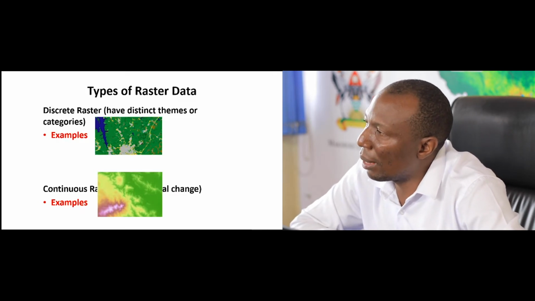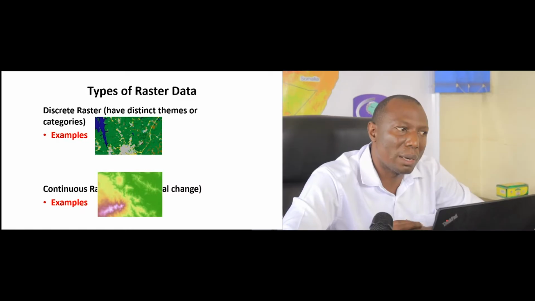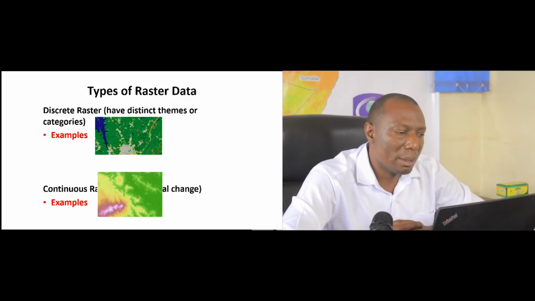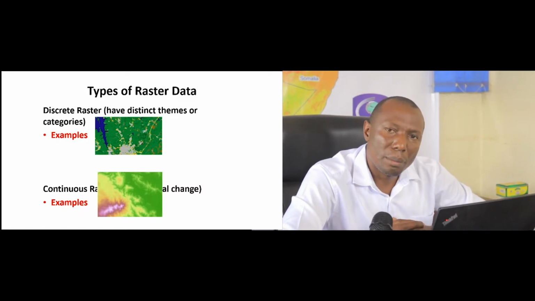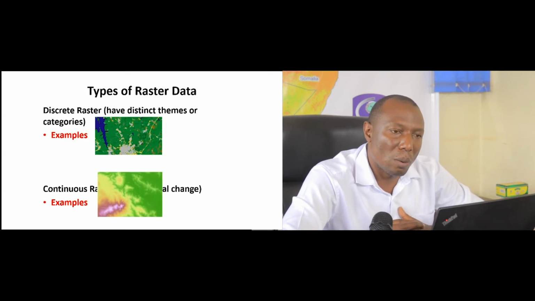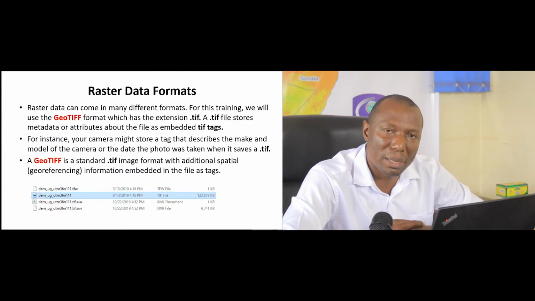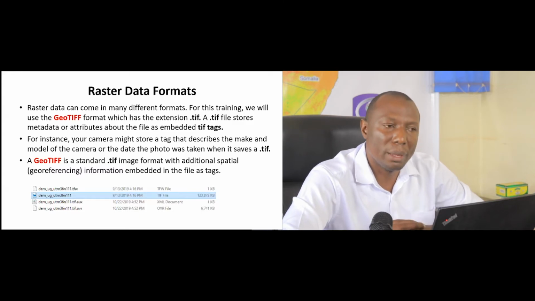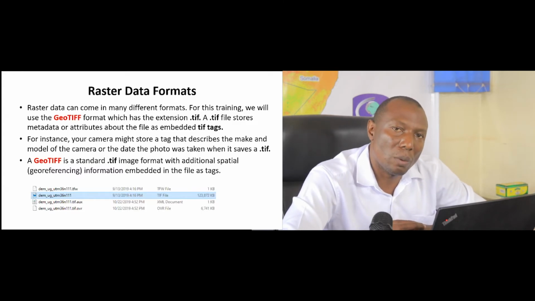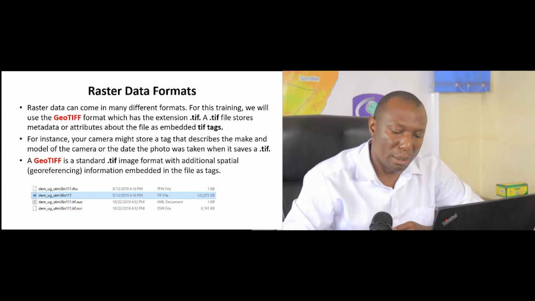You can have an ASCII, you can have a grid, you can have an image, but a geotiff is commonly used because of the georeferencing information that comes with it. So when we add the datasets we shall use, for instance, models, you may find that they are in TIFF formats. So TIFF is a format that we should be getting accustomed to when it comes to using images in GIS.